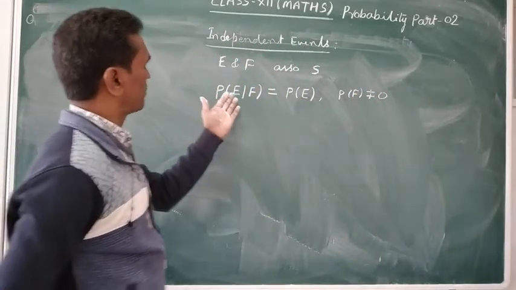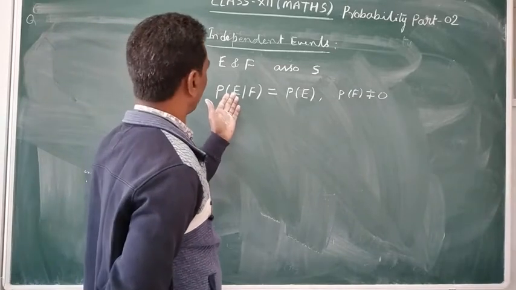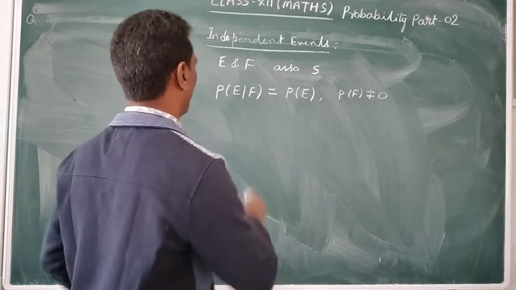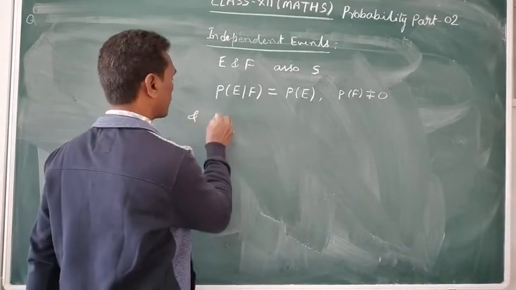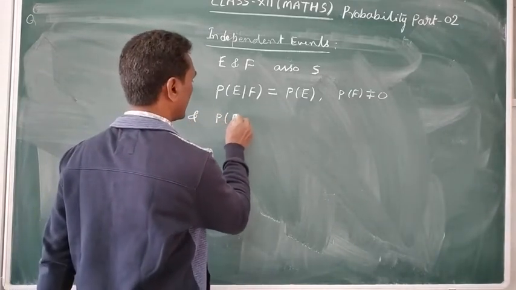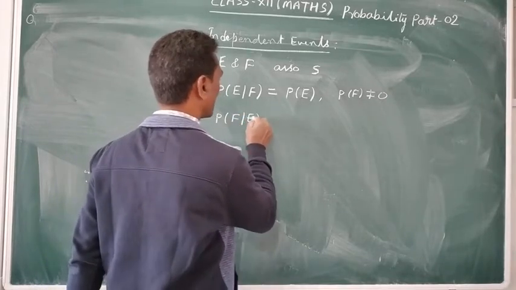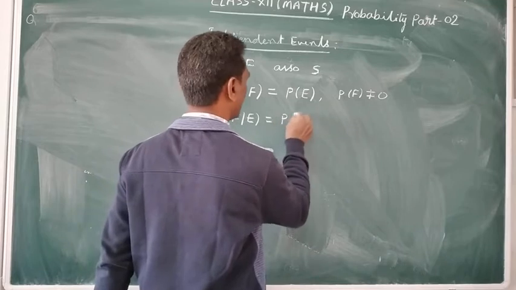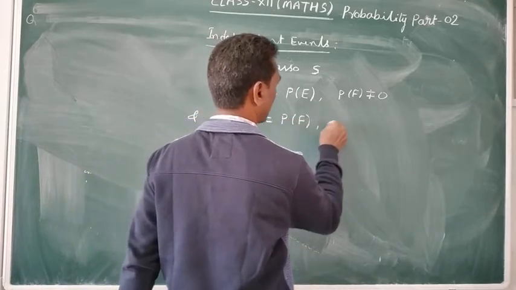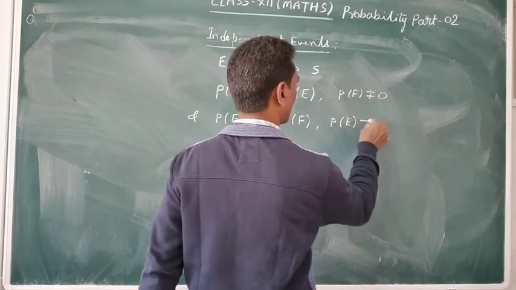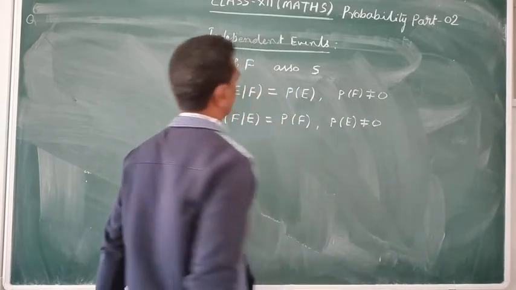So occurrence of event F doesn't affect the occurrence of event E, and probability of F given E is equal to probability of F, where probability of E is not equal to 0.